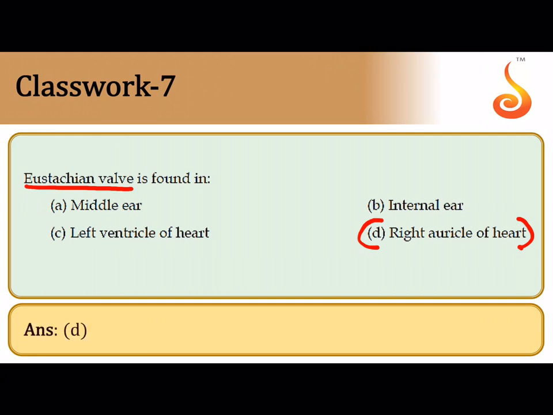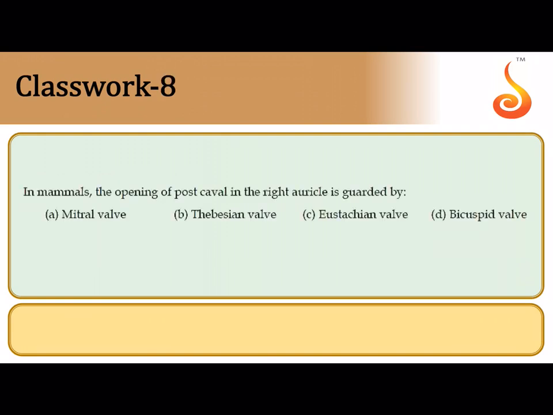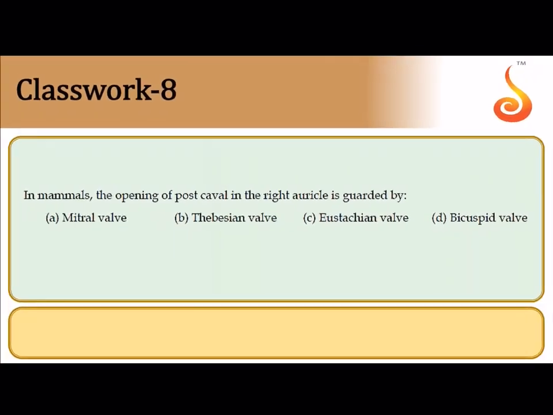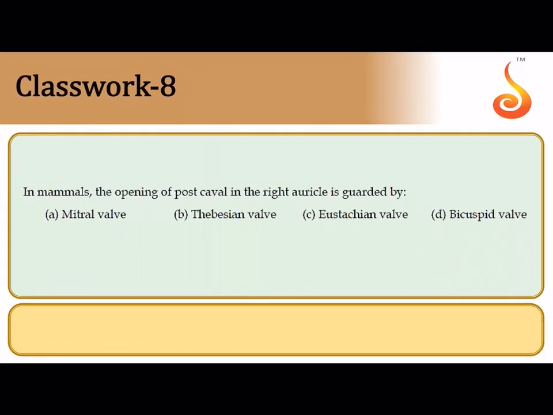And where do you find the inferior vena cava? You find it in the right auricle of the heart. In mammals, the opening of the post cava is nothing but the inferior vena cava. Just now we discussed that the opening of the inferior vena cava in the right auricle is guarded by the Eustachian valve.